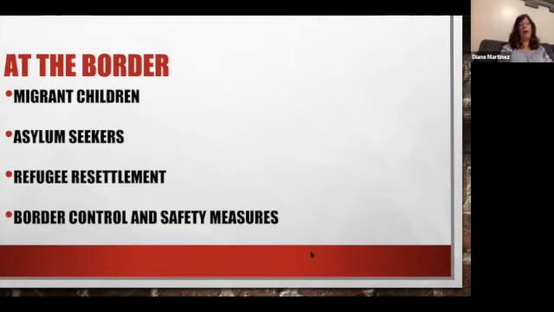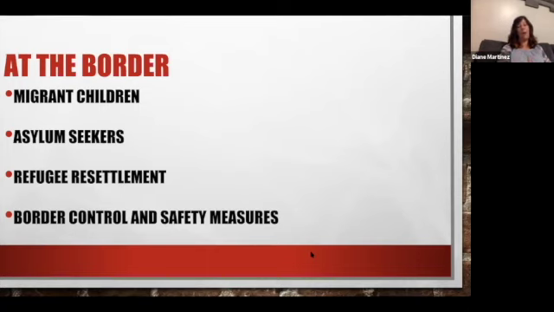And then border control and safety measures. They are looking at ways besides the wall to control the border. So they're looking at cameras, different kinds of electronic equipment, and ways to patrol the borders in between entry sites. We'll see what they come up with.